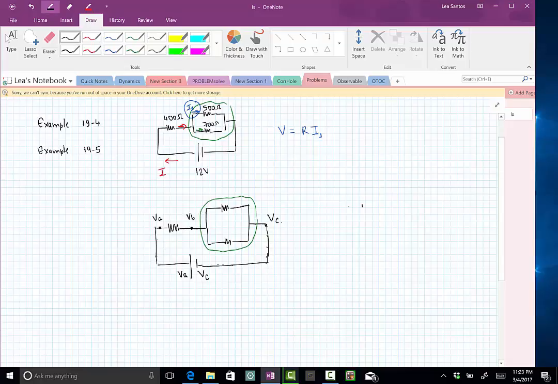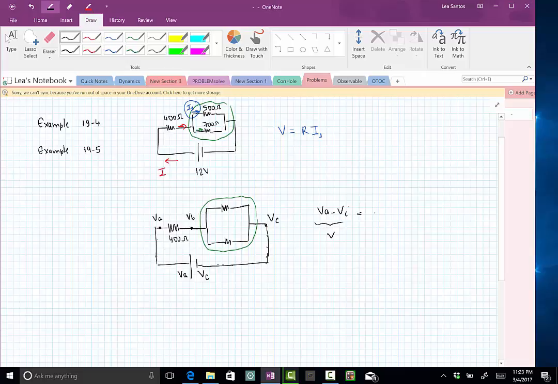So what is the potential difference VB minus VC? Well, the whole potential difference is VA minus VC, right? This is the potential difference of our battery. I can call it just V. Then I have this potential difference for this first resistance, 400 ohms.